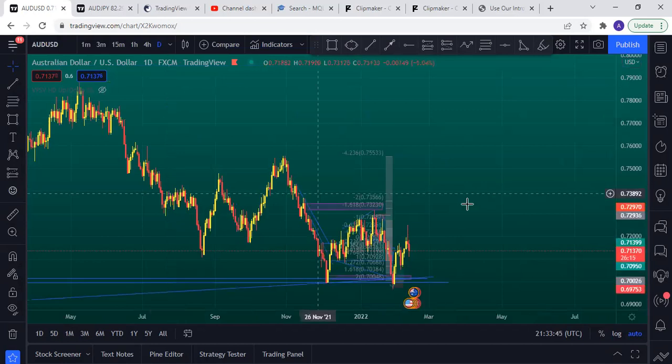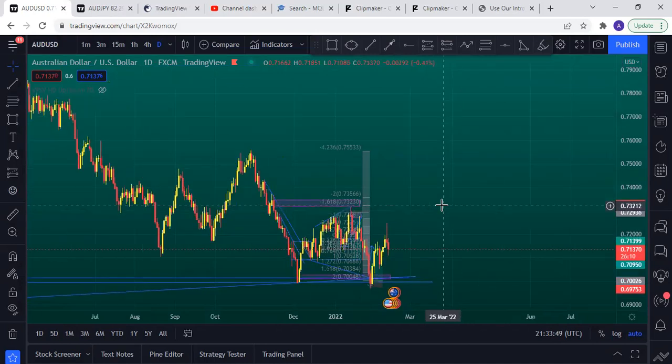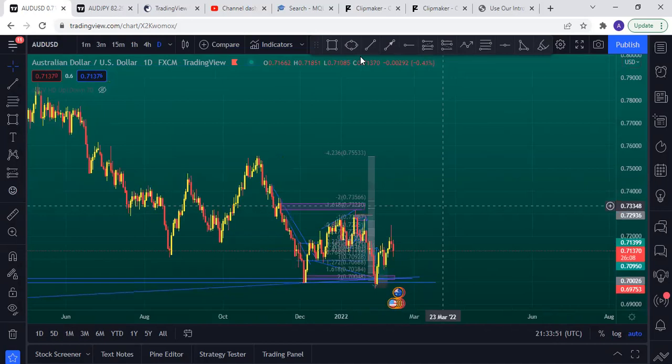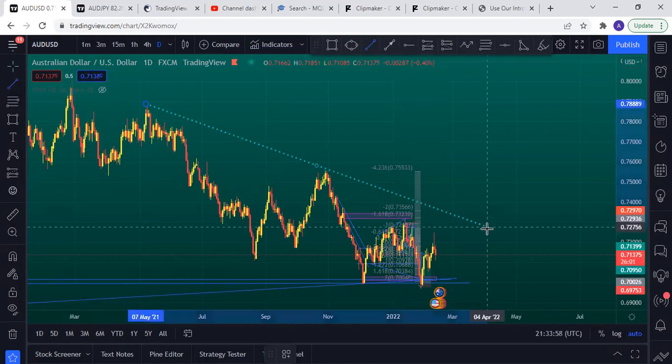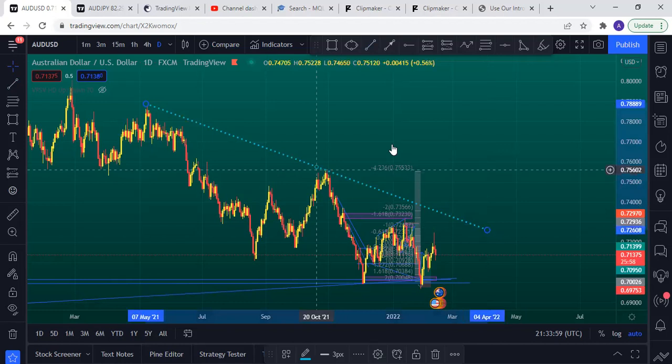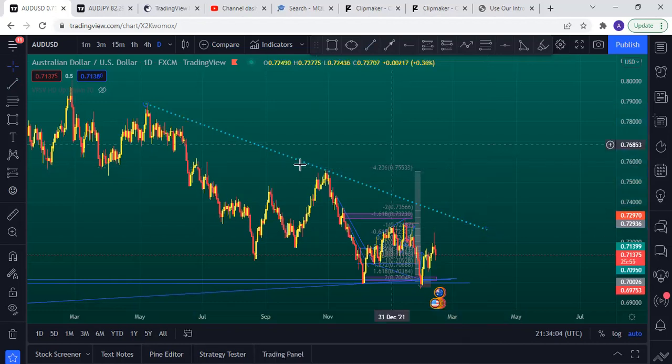So currently this is on the daily time frame. And there are a couple of major trend lines that are currently visible. This would be one of such. That would be a major trend line.